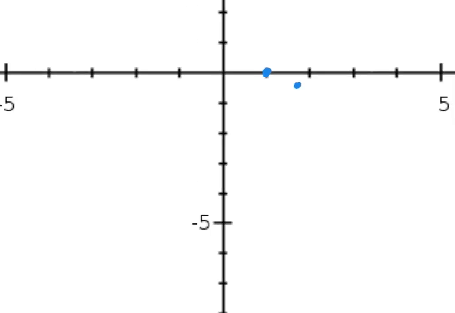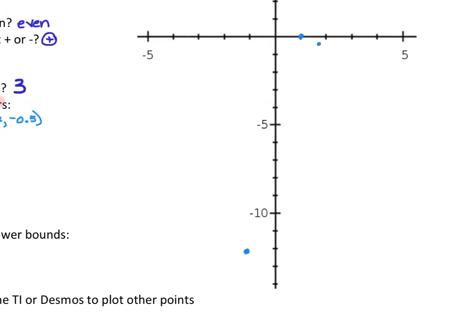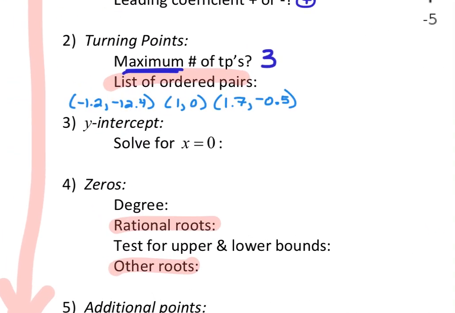I'm going to zoom in for that one. 1.7, negative a half would be about there. I'm actually going to make that 1 point just a little bit smaller, because that's pretty ugly, that big. So there we go. All right. So those 3 points are my turning points. And then I'm going to go back and answer more questions over here.